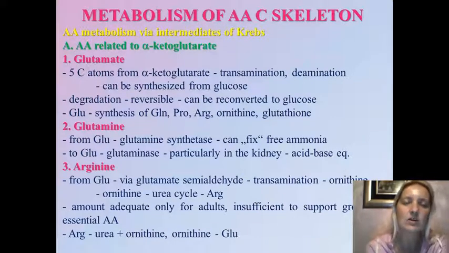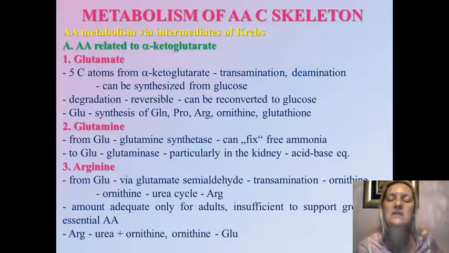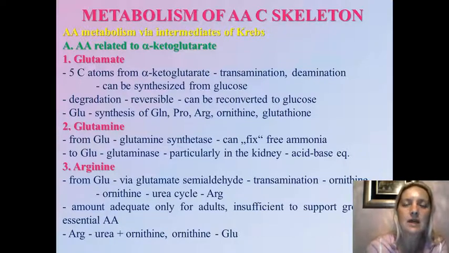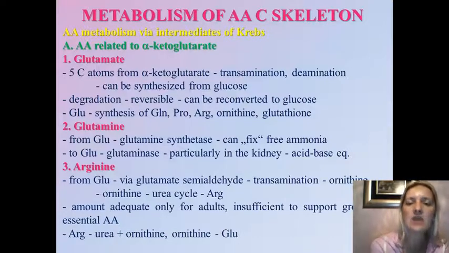Because alpha ketoglutarate is a Krebs intermediate, glucose can be converted in a way that it enters the Krebs cycle and of course yields the formation of alpha ketoglutarate. That means that glutamate can be synthesized from glucose. Degradation of glutamate is reversible to the synthesis, so it can be reconverted to form a glucose molecule.